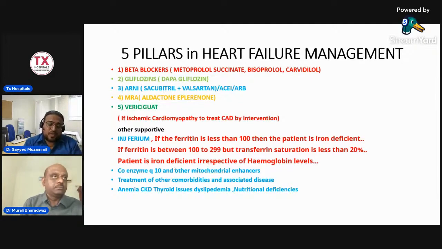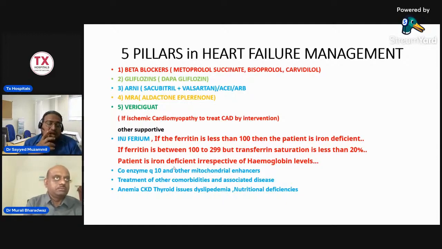Because when the LV, RA, LA, and RV get stretched, they release natriuretic peptides. This is called the natriuretic peptide system: ANP, BNP, CNP. These will cause natriuresis and diuresis in a heart failure patient.